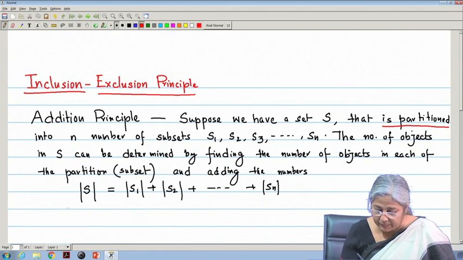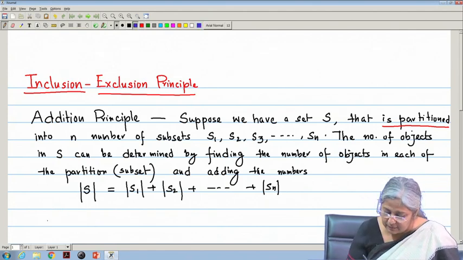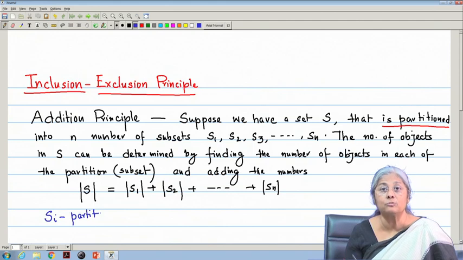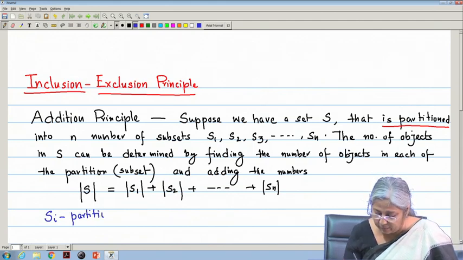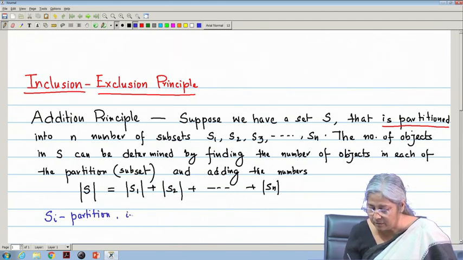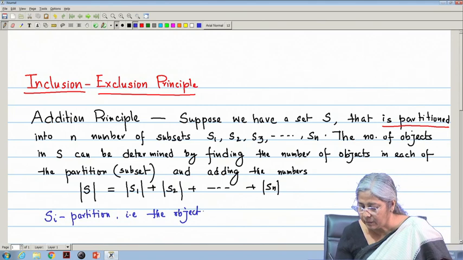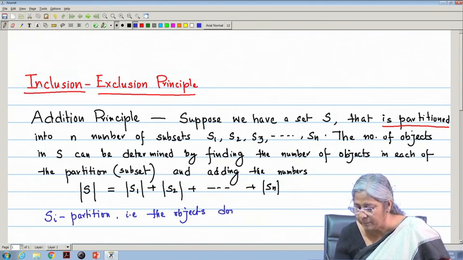The definition of partition is such that the objects do not overlap.